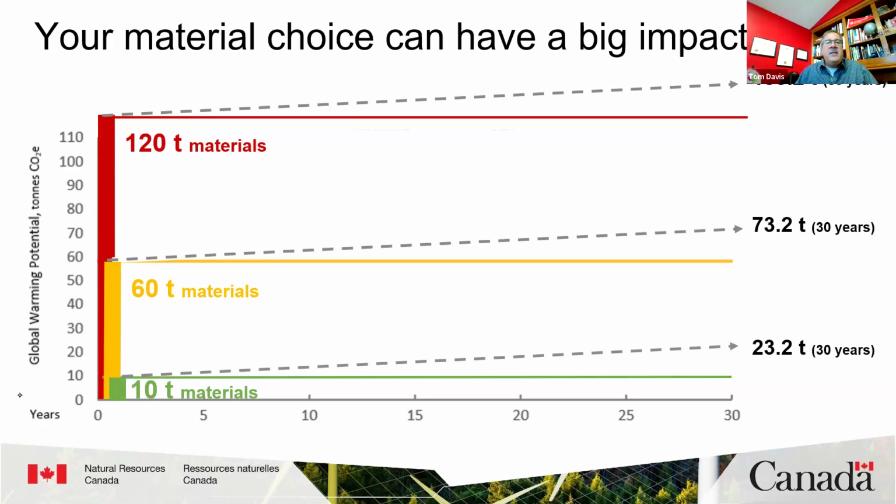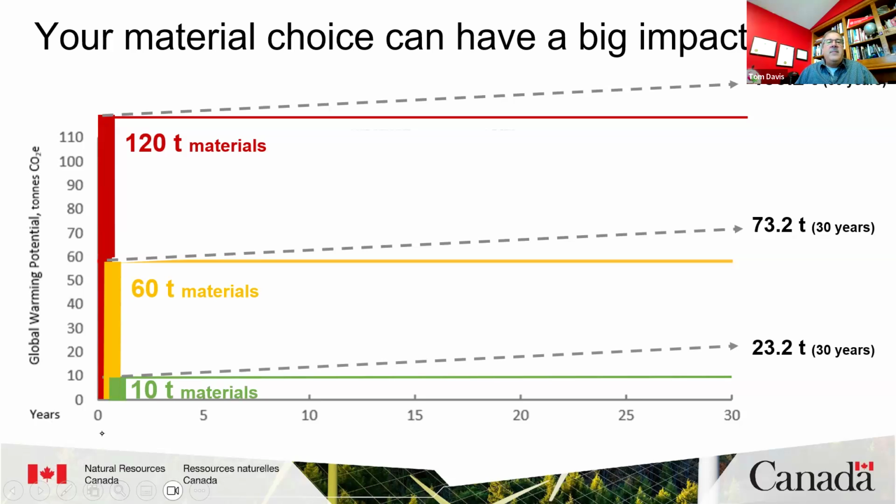Why the big difference? Well, it's the materials that we use. This has a huge impact on the carbon use intensity of a house. In a worst case scenario, MCE is the dominant part of the carbon footprint. In the best case scenario, it's less than half of the carbon use intensity after 30 years.